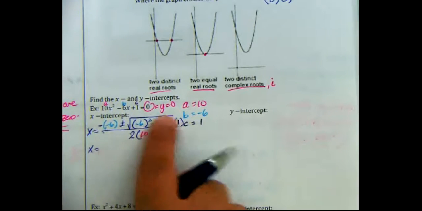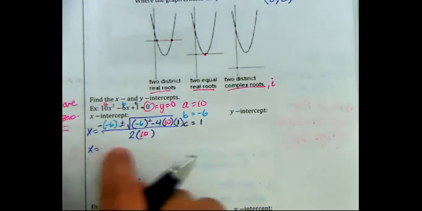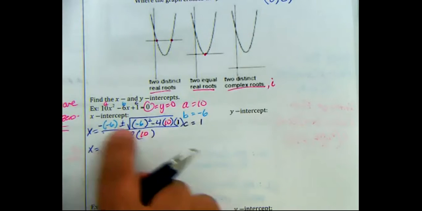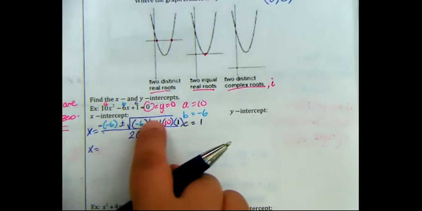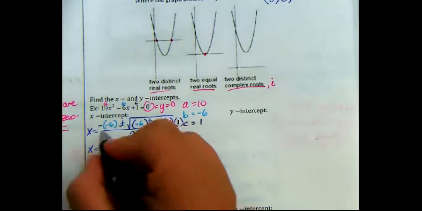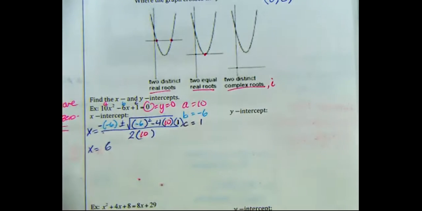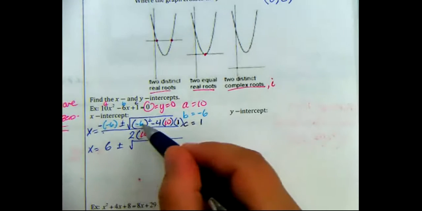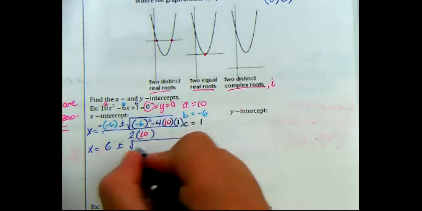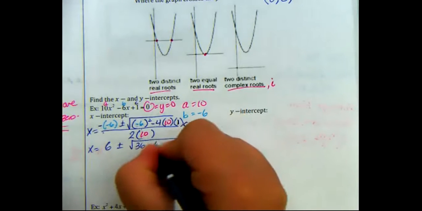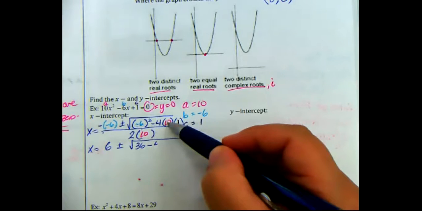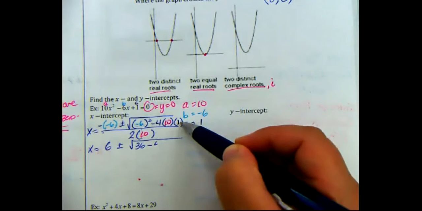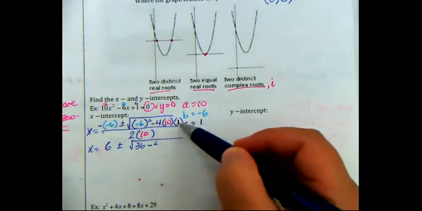Okay, and now I have to go through and simplify. We work on the inside first before we can simplify as far as multiplying, but we can't really add or subtract them until I've dealt with my radical. So negative 6 becomes a positive 6 there, plus or minus the square root. Now, negative 6 squared is going to be a positive 36 minus 4 times 10 times 1, which is a negative 40.